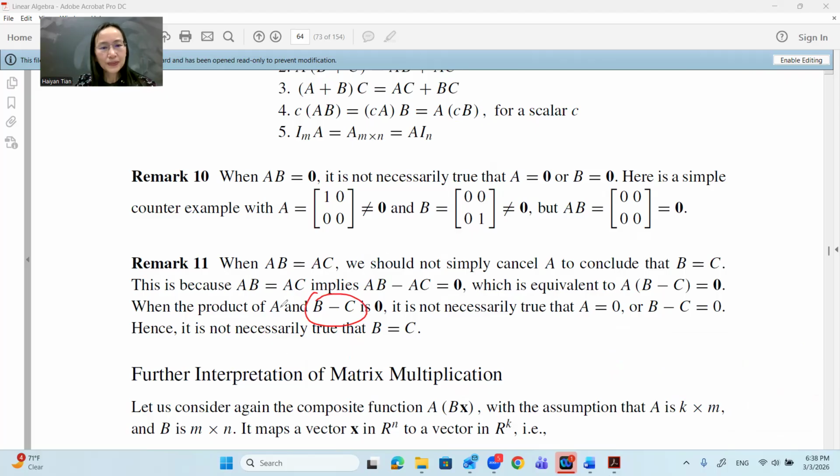It's not necessarily true that A is 0 or that B minus C is 0. We just talked about that case. So if B minus C is not necessarily 0, then B is not necessarily equal to C. So we cannot say that if AB equals AC, then B has to equal C. That's not necessarily true.